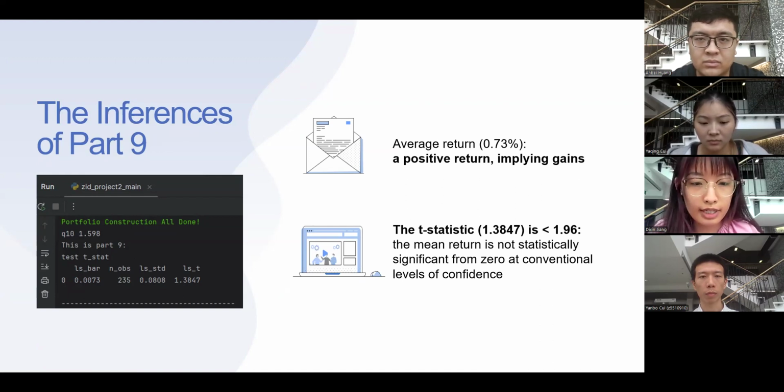This means that there is not enough statistical evidence to state with confidence that the average rate of return observed is different from zero across all possible returns under similar conditions.